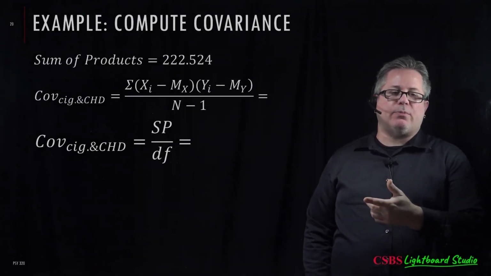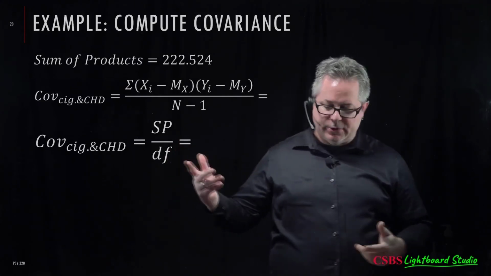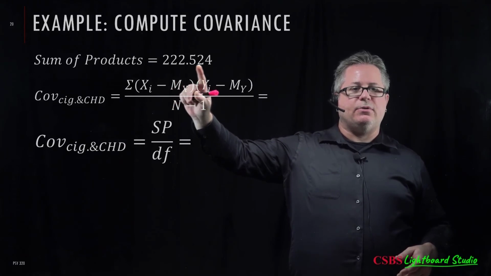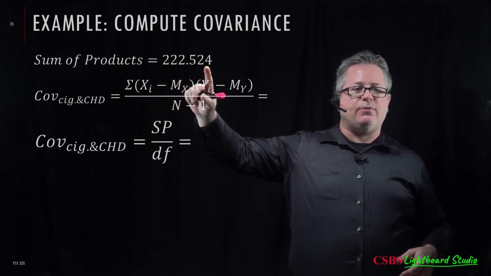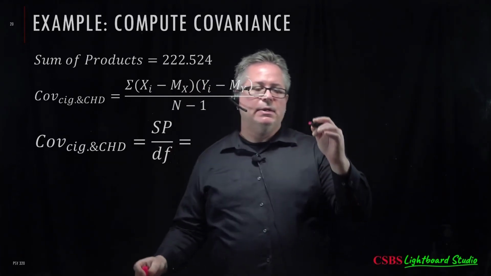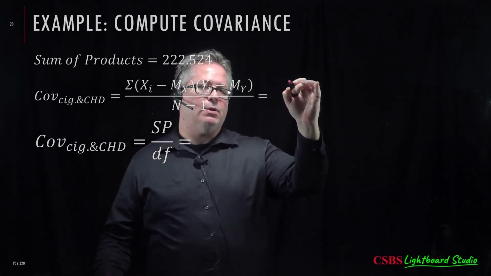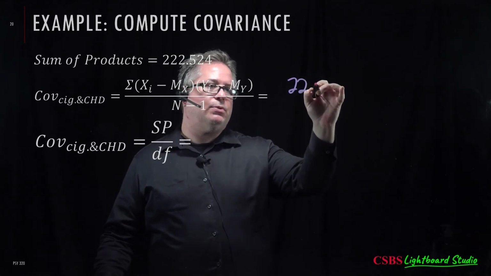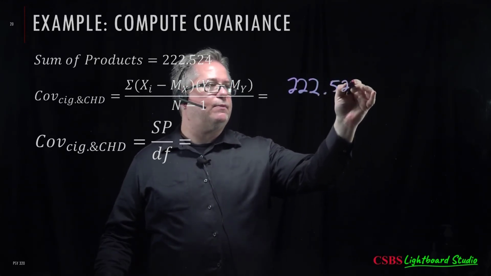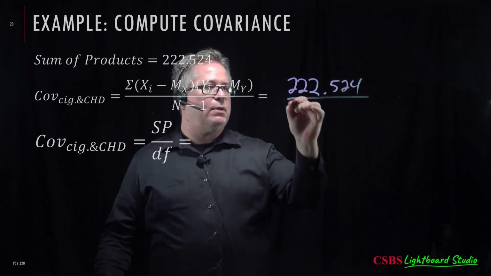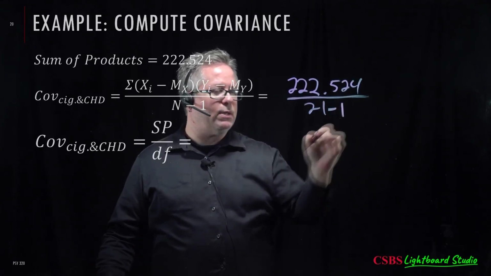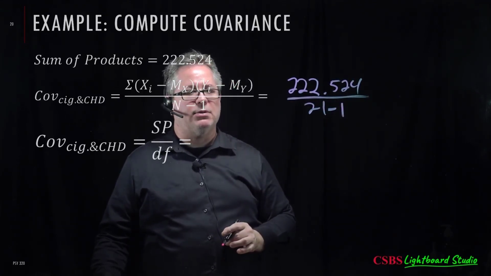So now that we have the sum of products, we can use that to find the covariance. We know from the previous page that the sum of products was 222.524. We know we have 21 countries, so I take 222.524 divided by 21 minus 1, which is the part that's frustrating.